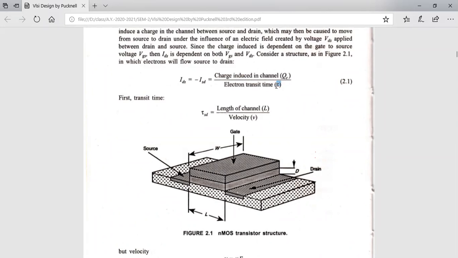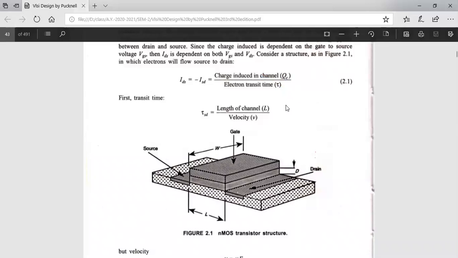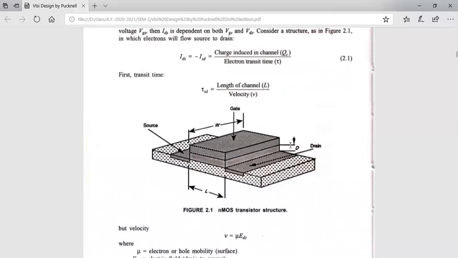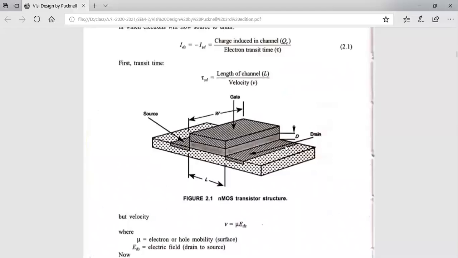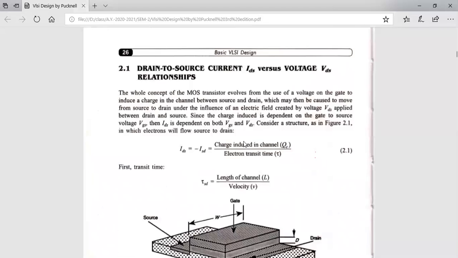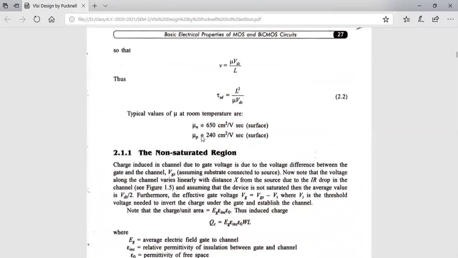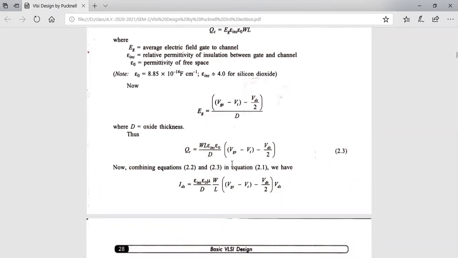From 2.2 we got the value of transit time tau and induced charge QC. So I have to divide this QC by the tau S.